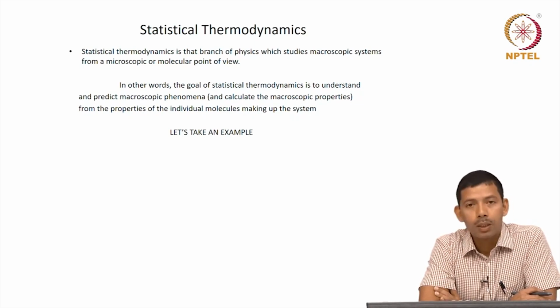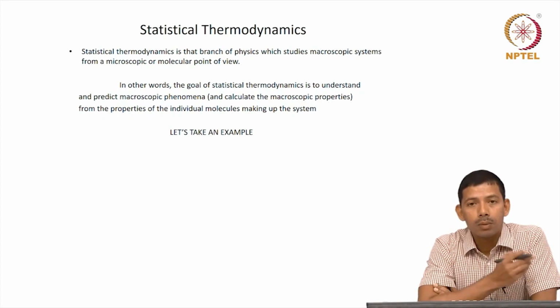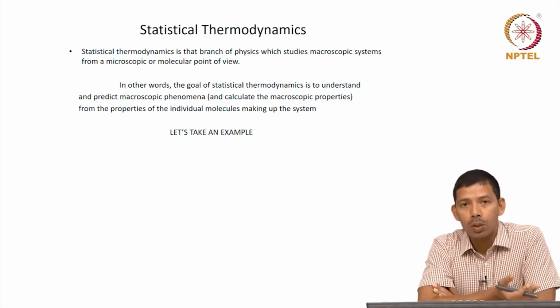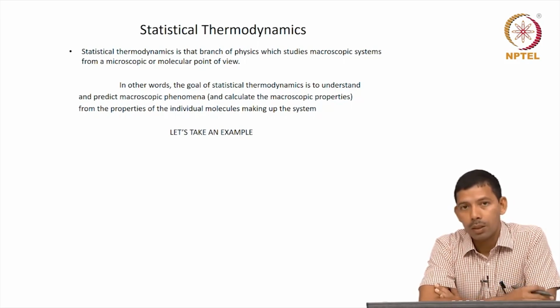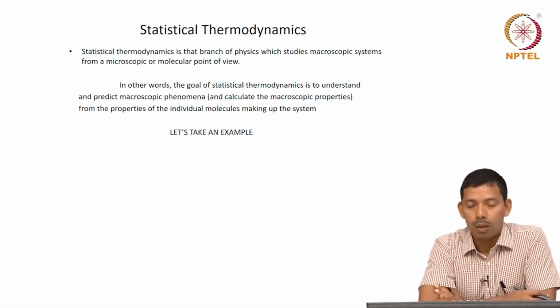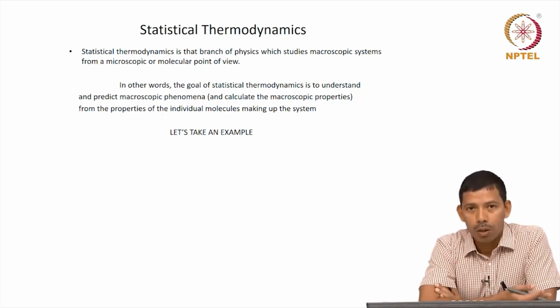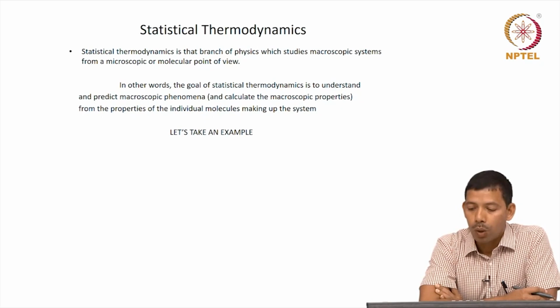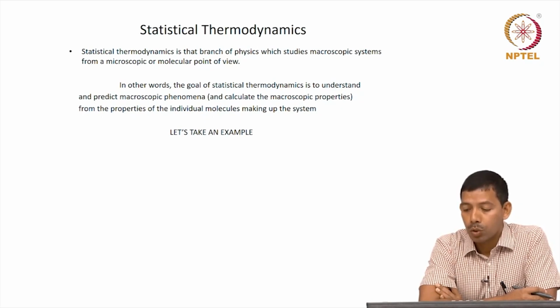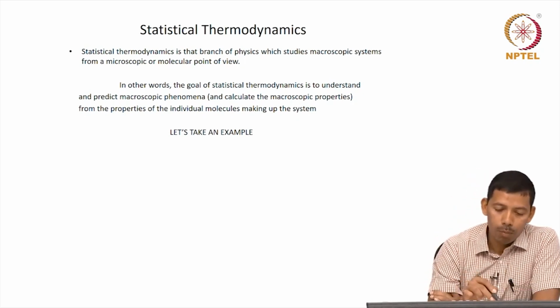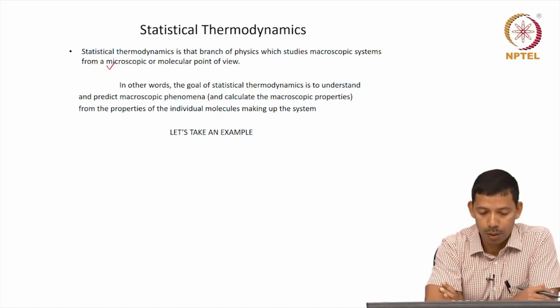By macroscopic system, I mean the properties you measure in the laboratory, for example, pressure, volume, free energy, change of energy and so on. So, how can those macroscopic quantities be obtained from microscopic information of the system?